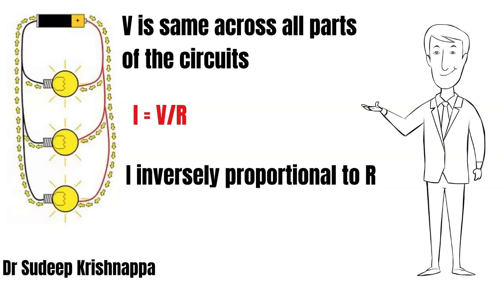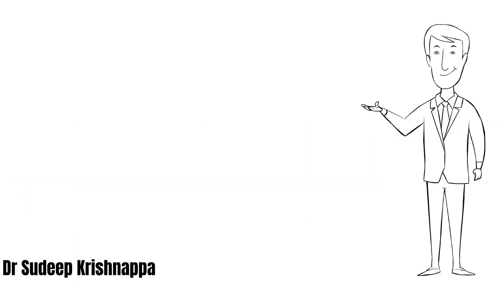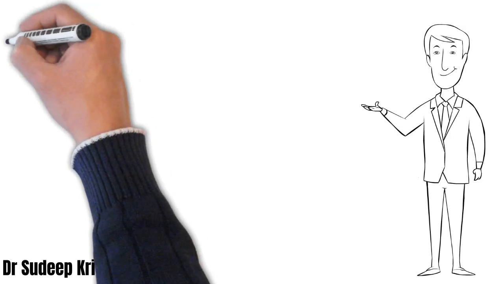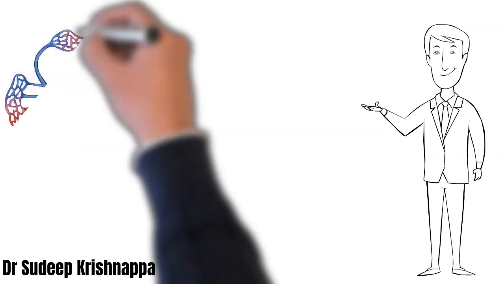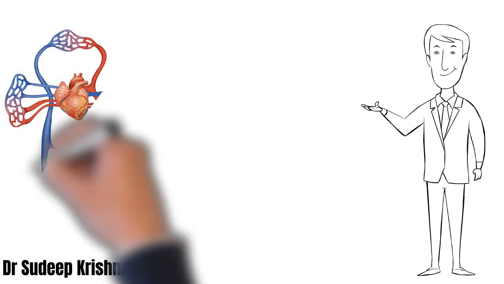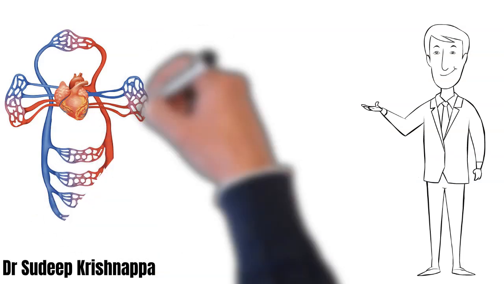Now, let us replace this electrical circuit with the heart and the cardiovascular tree as represented in the subsequent diagram. The pulmonary circulation is represented on either side of the heart, and the systemic circulation and its components are represented above and below the heart.